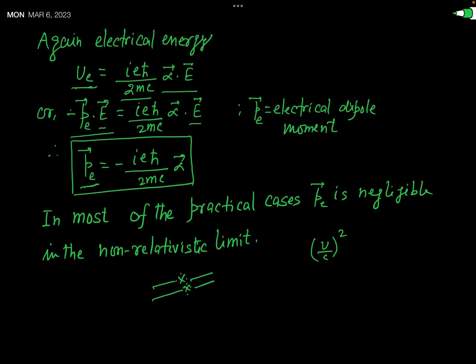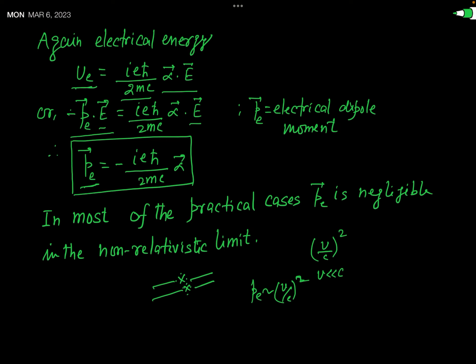And in case of non-relativistic motion, this v is much smaller than c, so v by c whole square will be very small, and PE being of the order of v by c whole square will be just negligible. And that's why we simply say that the Dirac particle has an associated magnetic moment. We do not talk about the electrical dipole moment of the Dirac particle.